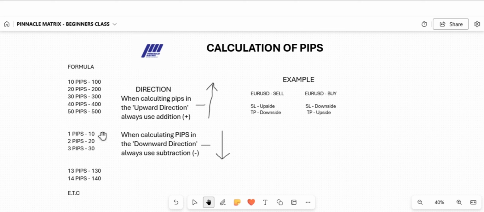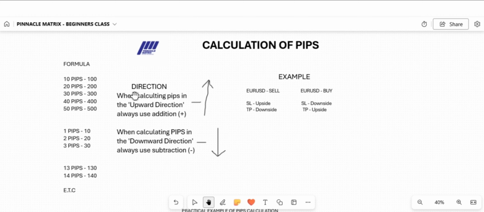The concept states that in calculating pips in a direction, because the market either goes upwards or downwards for us to make profit or incur a loss. So if you are calculating the pips in the upward direction, that is the market is going up, we are going to be using addition.